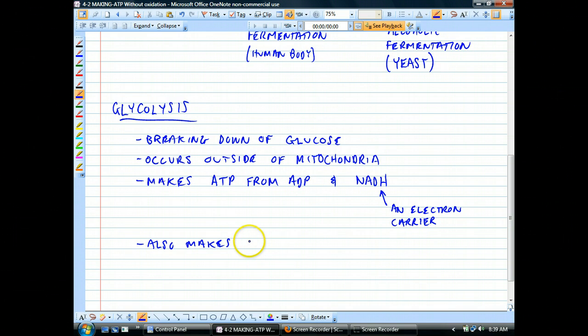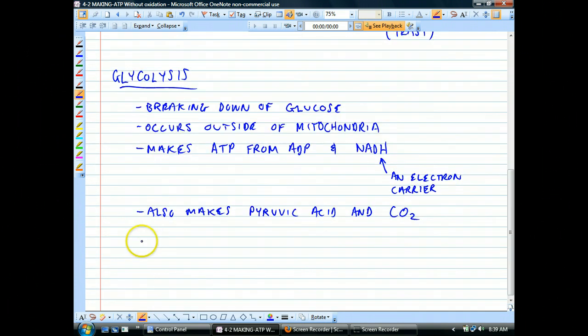But this also makes 2 other compounds. It makes pyruvic acid, which also goes into respiration, and carbon dioxide, CO2. And lastly, and this is kind of where really the rubber meets the road on this thing, it releases or produces about 10% of the energy that was stored in the glucose.